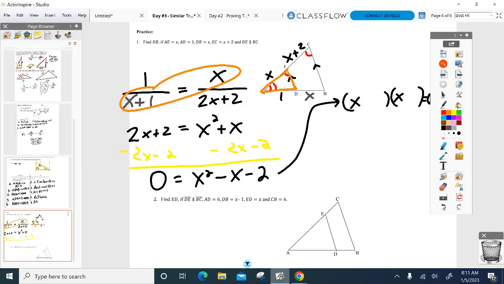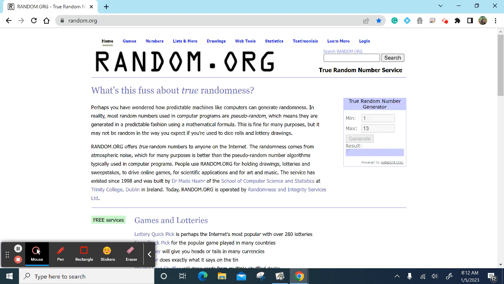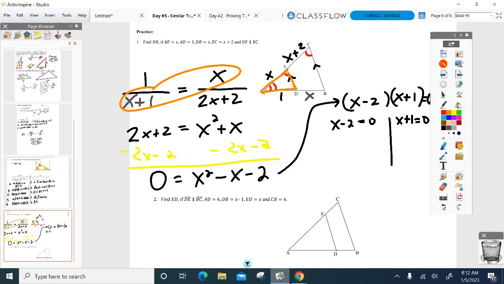Got those numbers? Well, -2 and 1. Good work. So x minus 2 equals 0. X plus 1 equals 0. So what are my 2 answers here? Positive 2 and negative 1.